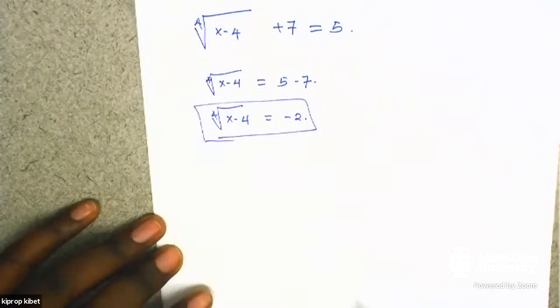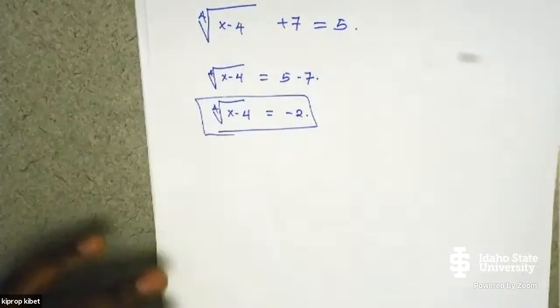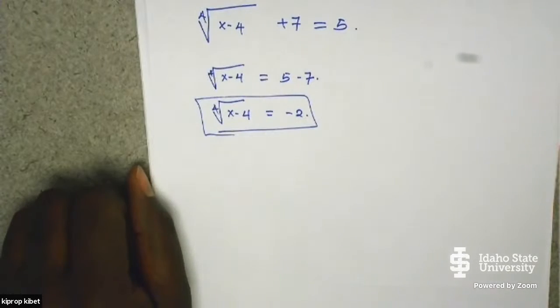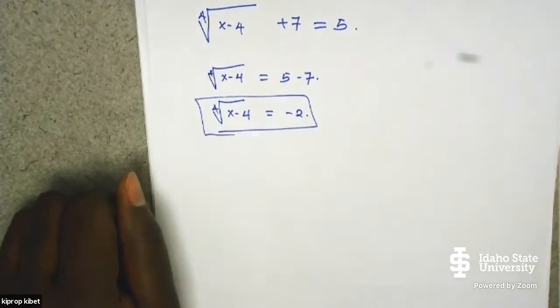And this one does not have a solution, since a fourth root cannot equal a negative number. So it doesn't have a solution. Okay, any questions?